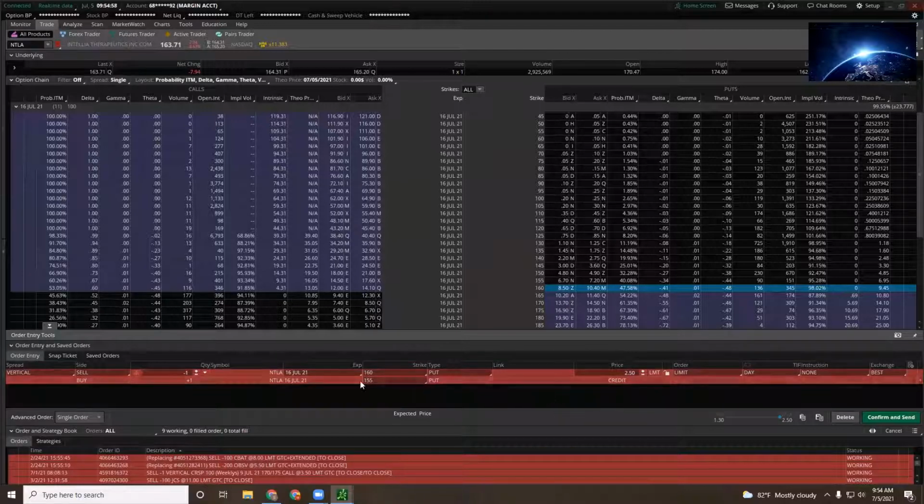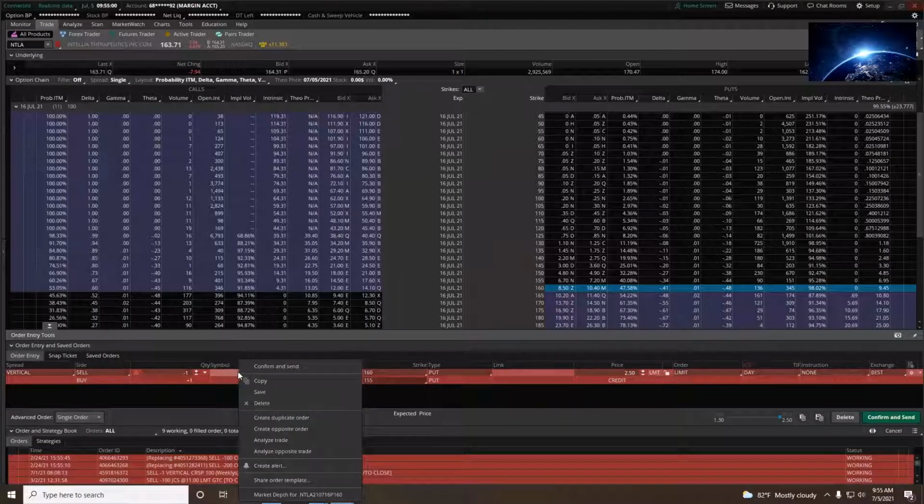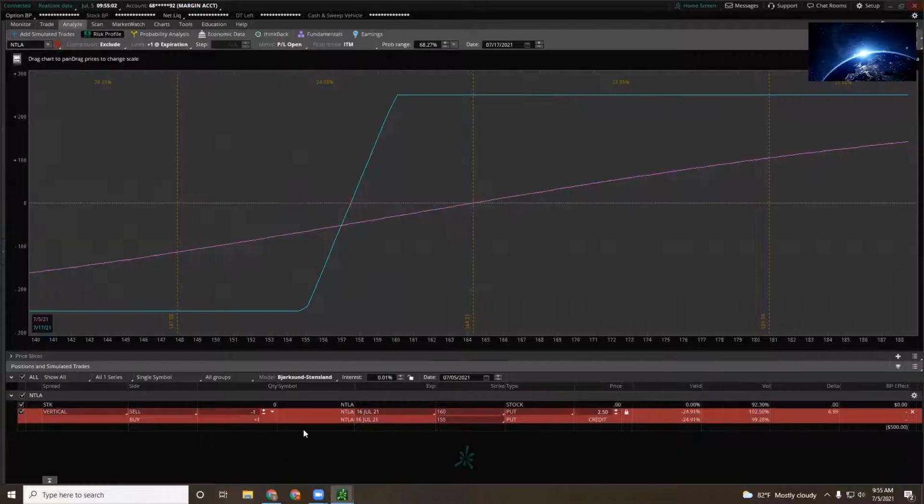But how do you know this is a good trade? I will come here and try to analyze this trade. What this is saying is the upward closing for a one bull spread sale is about $250 credit, with the potential to lose about 250.